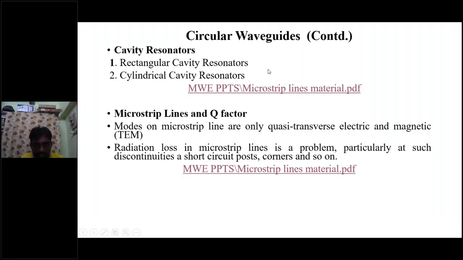In this case, we can expect questions from our second unit, maximum from cavity resonators. They can ask you to derive the field equations for a rectangular cavity resonator. Take the analysis I am showing in our PDF file, what we observed in our class. I drew a graph for a circular cylindrical coordinate system.